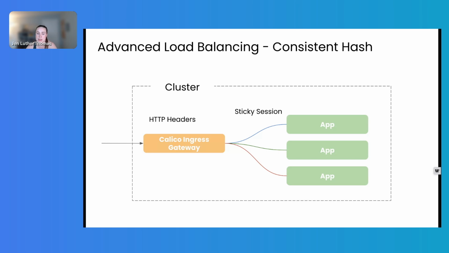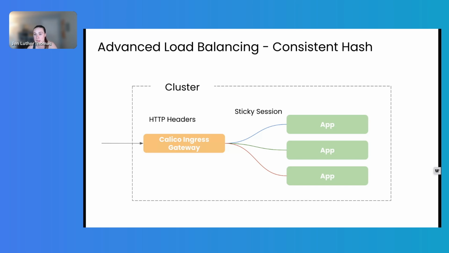And you can also set up consistent hash, which is one of the more advanced load balancing techniques. This is really useful if you have sticky sessions. Similar to the rate limiting, you can define what you want that hash to be based on.